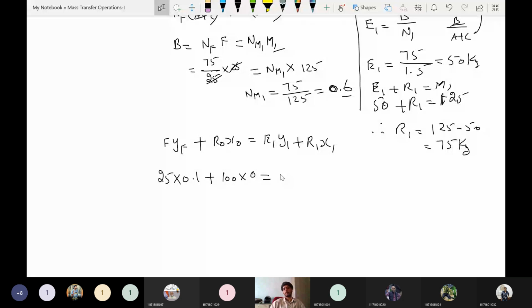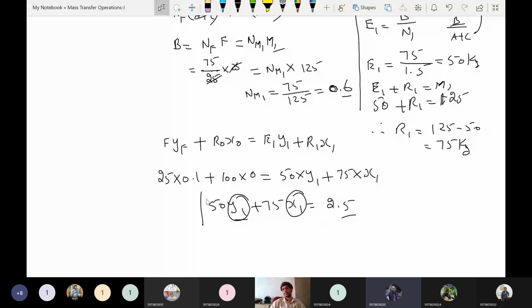There are two unknowns and only one equation, so the degrees of freedom is greater than 1 and we cannot solve this equation. So we cannot estimate the composition of these two streams, but we can estimate the weight of these two streams.